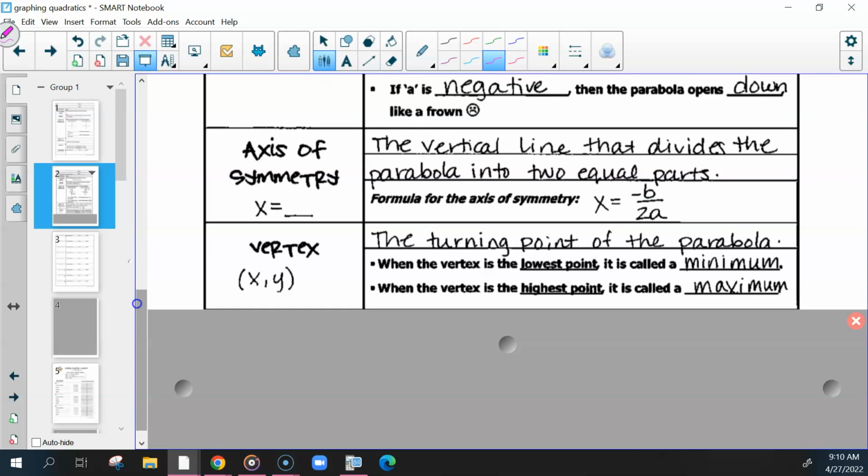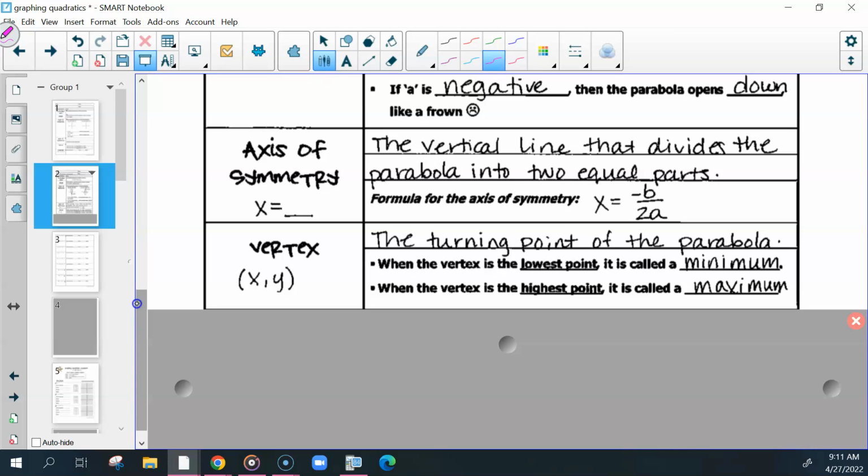We are going to be using the axis of symmetry, a vertical line that divides the parabola into equal parts. On the rough sketch, you saw a vertical dashed line. That line we won't actually be drawing, but you'll be able to see that it's a line that cuts the U in half. To find the axis of symmetry, we're going to be using this formula: x equals negative b over 2a.